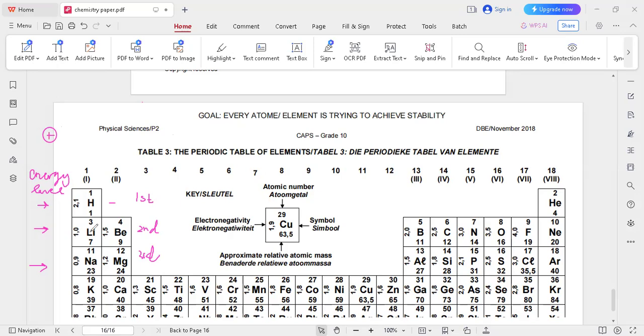Surrounding it, because lithium is in the second energy level, it will have two orbitals. So it will have orbital one, and orbital two.